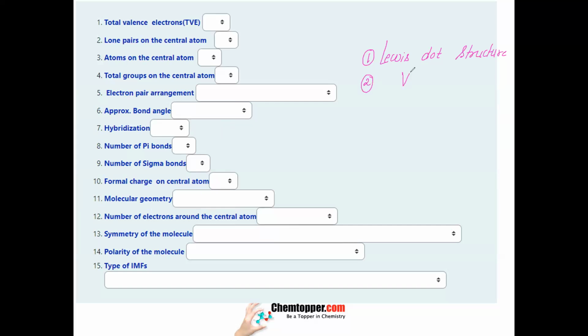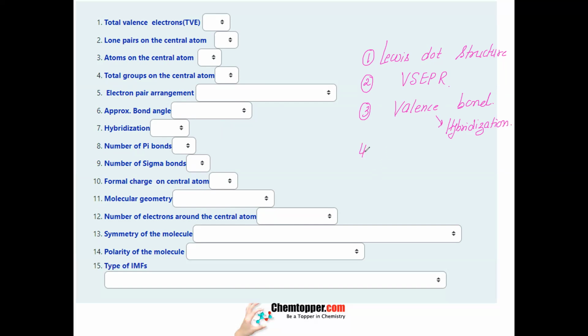Second, VSEPR, that is also done. Third, valence bond theory. What was that? We did it, right? Hybridization. That is also done. We have understood the meaning of hybridization and we have seen why hybridization is taking place.